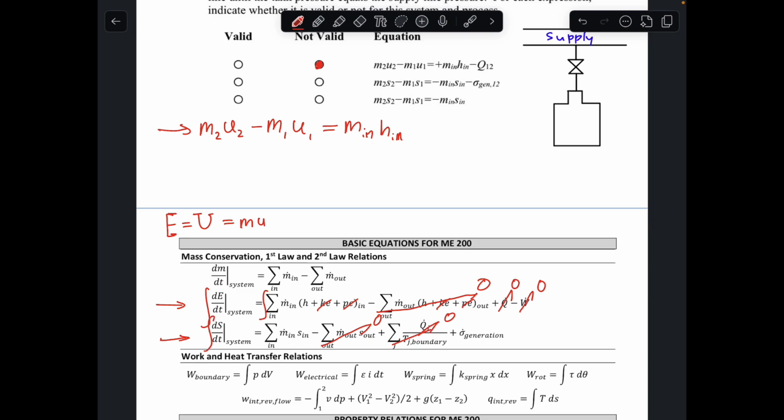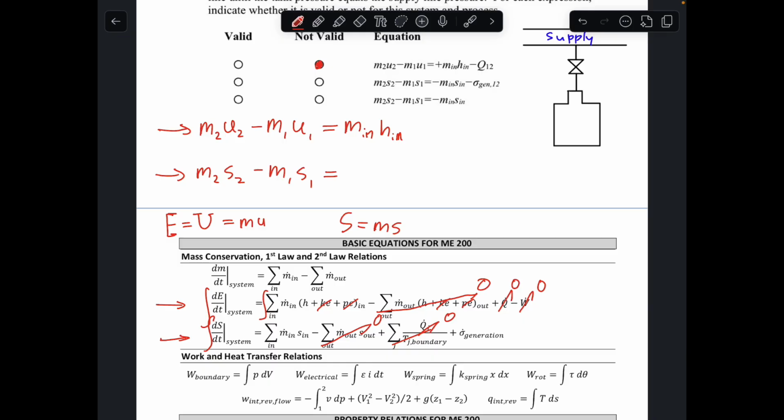So we're going to integrate dS dt, and it's going to be a similar thing here where our total entropy is going to be equal to mass times specific entropy. And so once we integrate this term, we will get m2 times s2 minus m1 times s1. This is the result of this integration here.